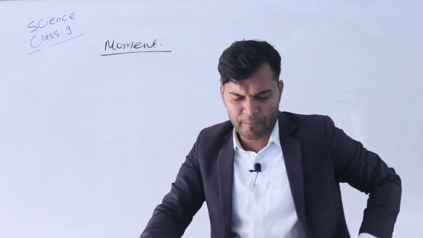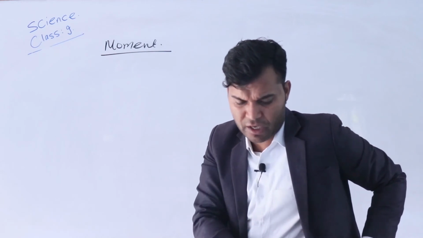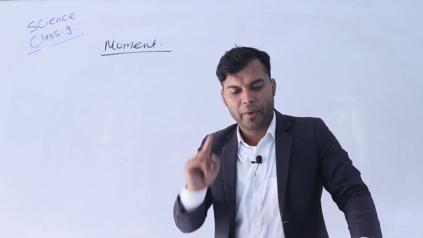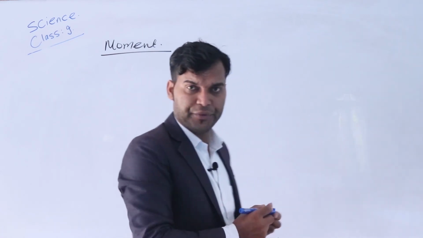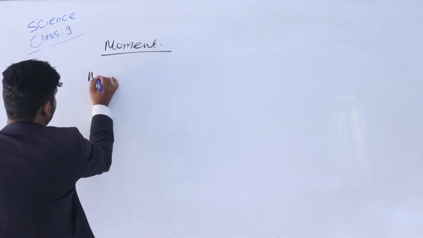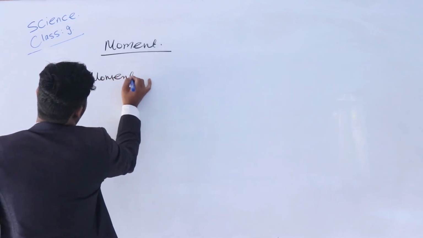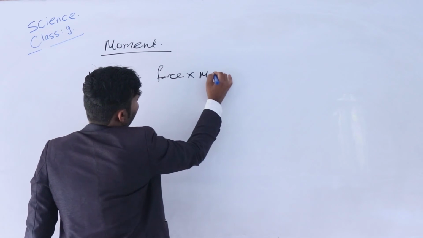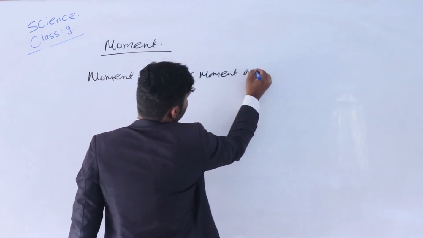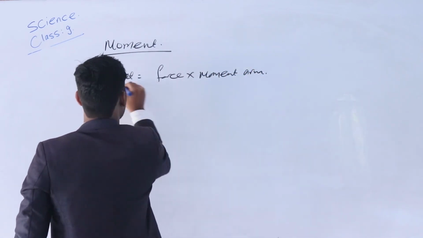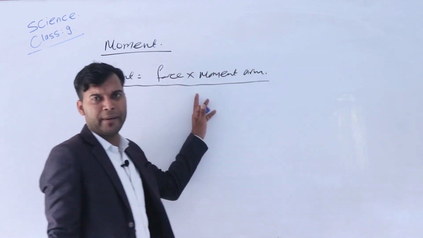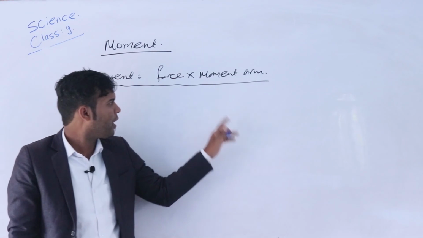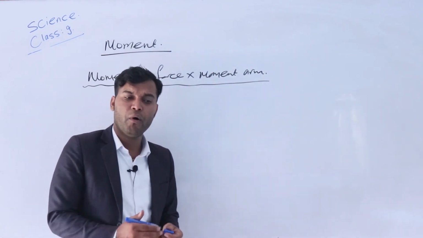Moment is the product of the force and the moment arm. Moment is equal to force into moment arm. Please remember it. The formula or mathematical definition of moment is here. Moment is equal to the product of force and moment arm.